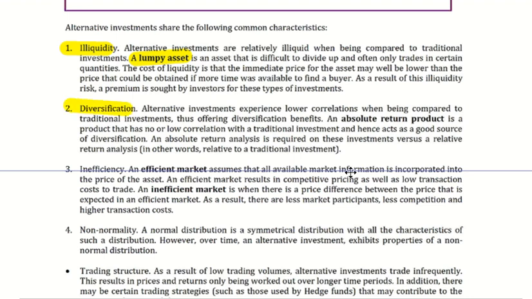We look at diversification. We said that alternative assets are good diversifiers when they are added to traditional investments, because they've got low levels of correlation. An absolute return product is a product that has no or low levels of correlation with a traditional investment, and of course is then a very good source of diversification.